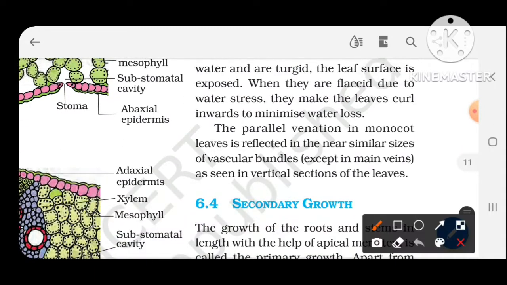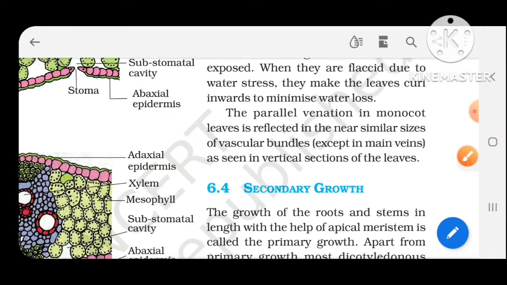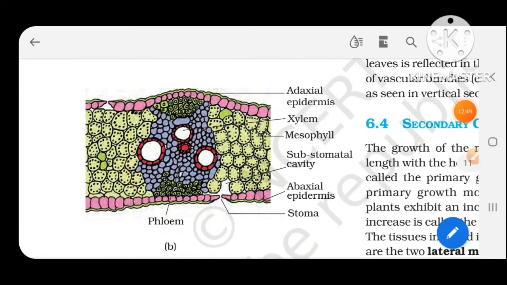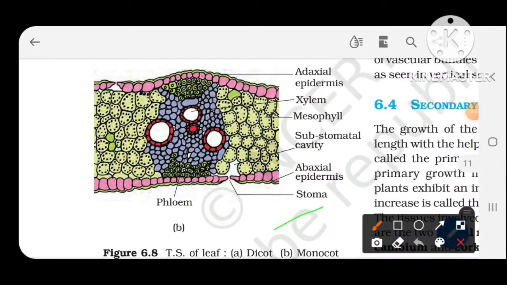The parallel venation in monocot leaf is reflected in the nearly similar sizes of vascular bundles, except in main veins, as seen in vertical section of the leaves. So in this figure we can clearly see the monocot leaf.